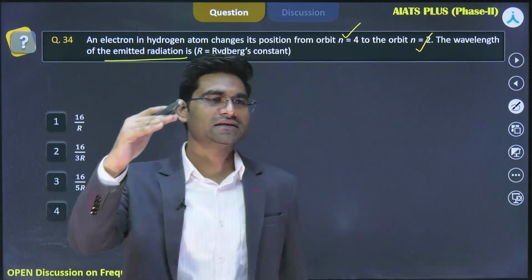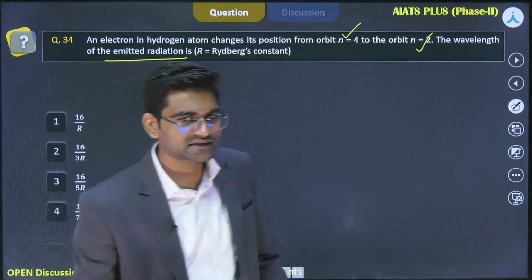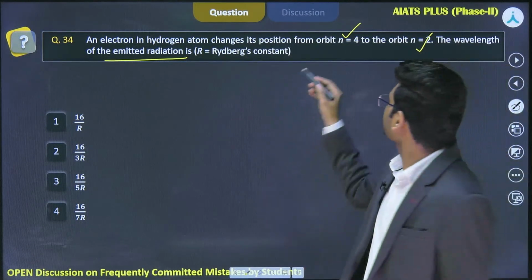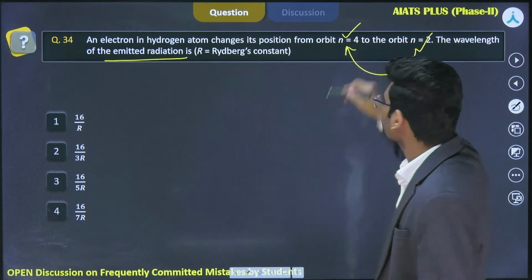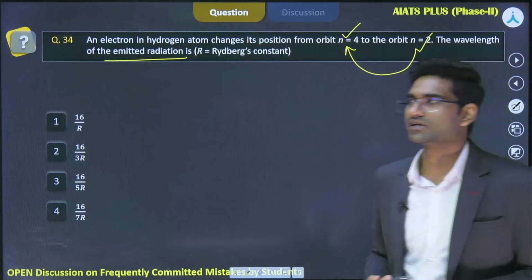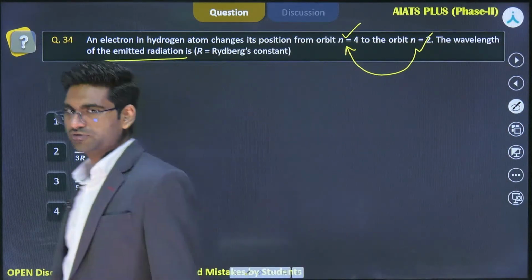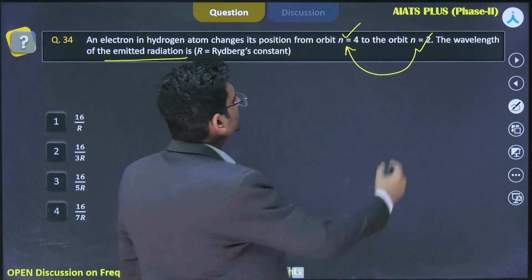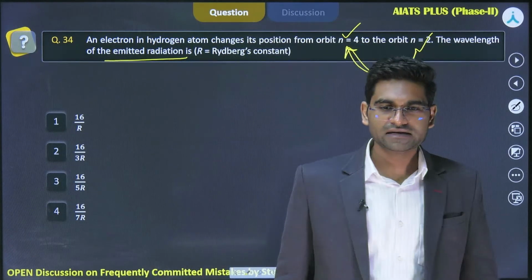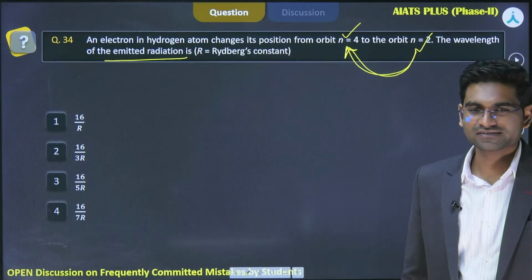That's why while transitioning from higher to lower energy state, it will emit a photon. What happens if it goes from n equal to 2 to n equal to 4? Then it will require energy, and that is the only case when it will go from lower energy state to higher energy state.